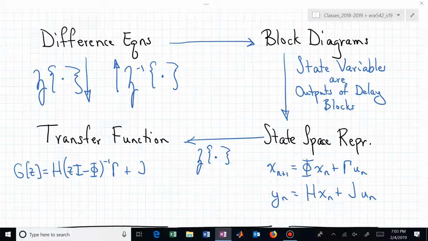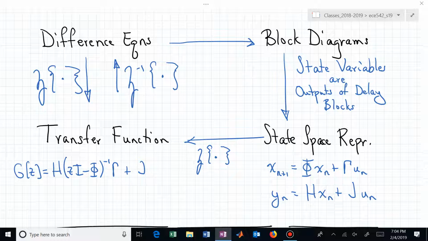But to get a state space representation, state space representations are not unique. But one way to find one would be to label the outputs of your delay blocks as individual state variables. And then you can find the state space representation. If you wanted the transfer function, you could go multiple ways.